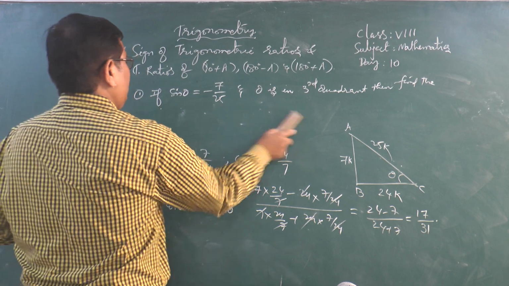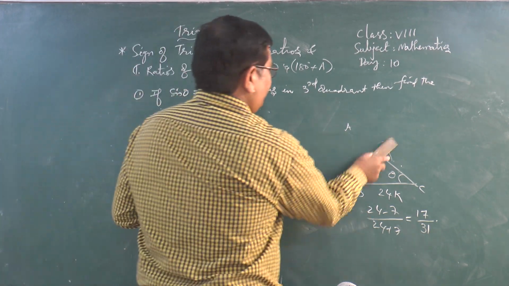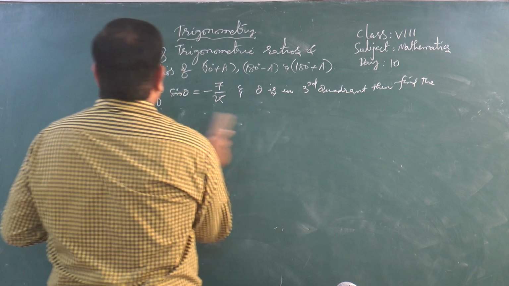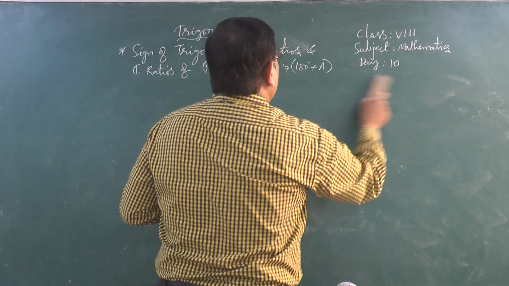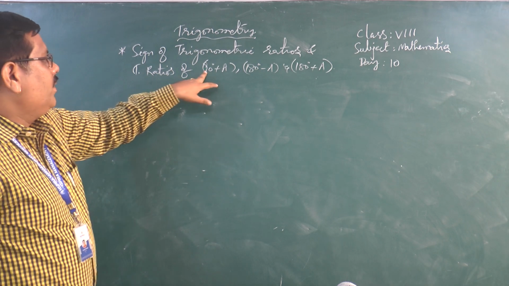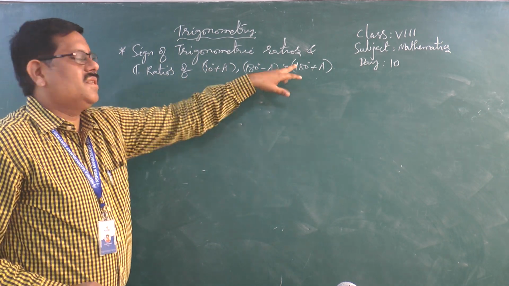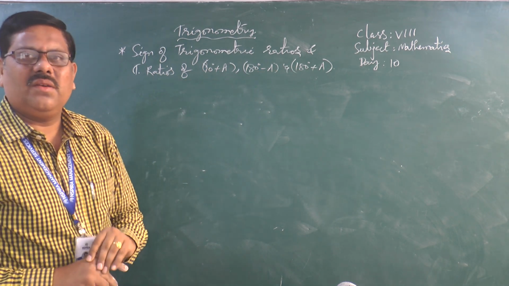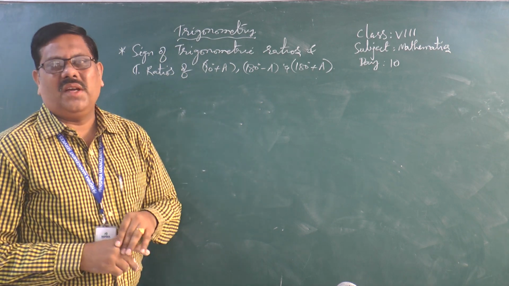Now, if you look at the next thing, what are the trigonometric ratios of 90 plus a, 180 minus a, 180 plus a? Here one thing, if you remember, it is very easy to define all of them.